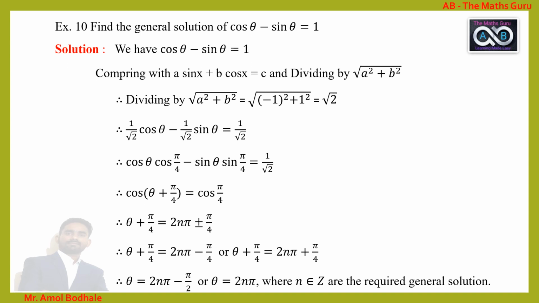So we get theta equal to 2n pi minus pi by 4 minus pi by 4, that is minus pi by 2, and in the other case pi by 4 cancels, giving theta equal to 2n pi, where n belongs to Z. Therefore theta equal to 2n pi minus pi by 2 or theta equal to 2n pi, where n belongs to Z. These are the required solutions.